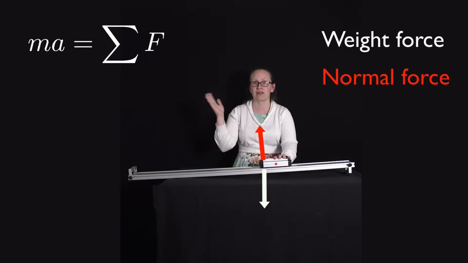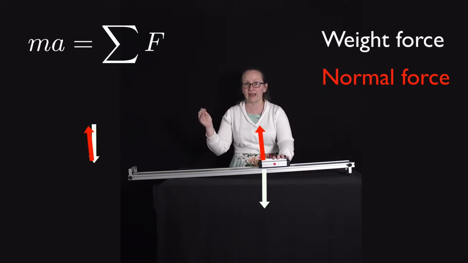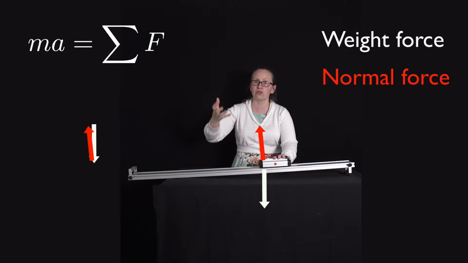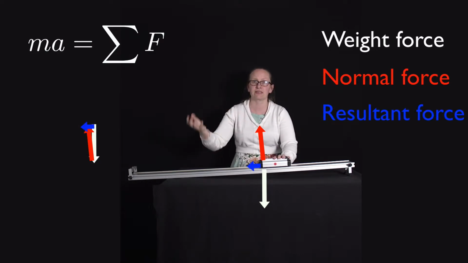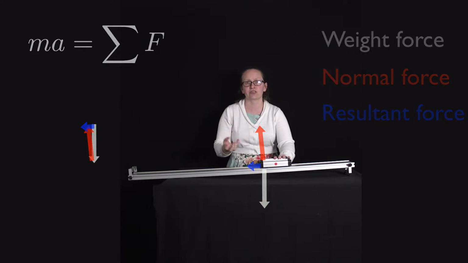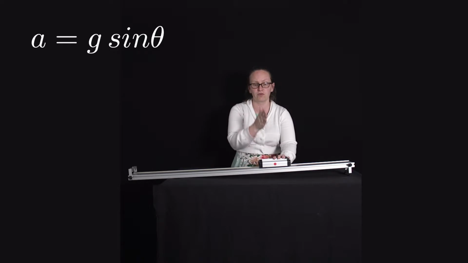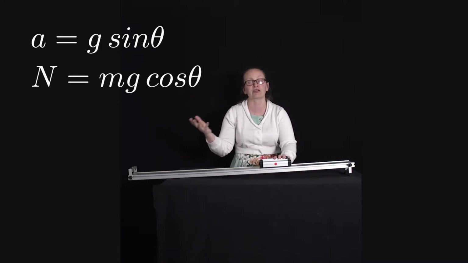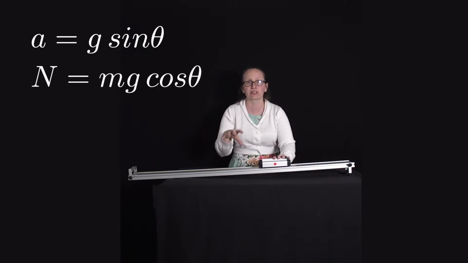So we can draw them as vectors like this. We need to add these vectors head to tail, and the resultant vector is the mass times the acceleration of the cart. So we can use this to show that the acceleration is equal to g sin theta, and the normal force in this case is equal to mg cos theta. So let's just show that on the screen capture now, just to make sure that you're very clear on that.